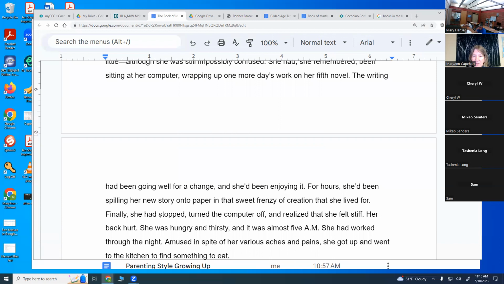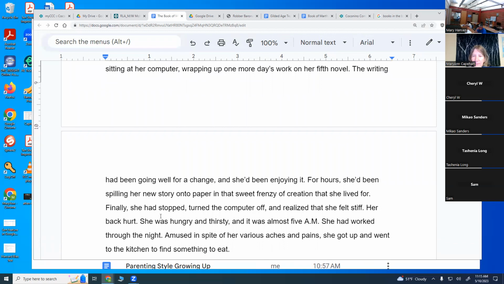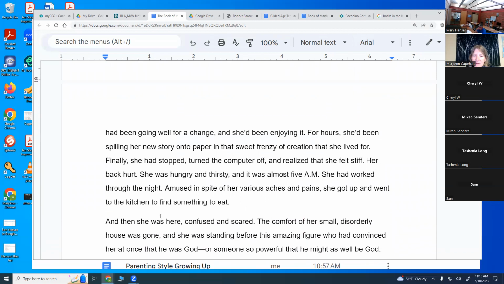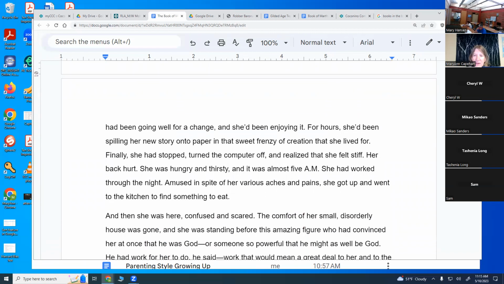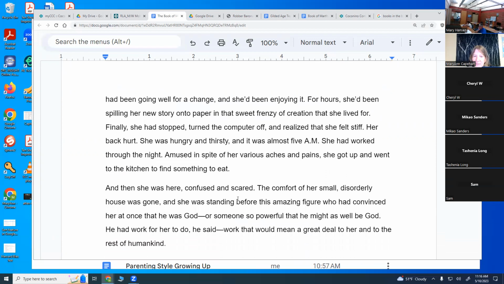Finally, she stopped, turned off the computer, and realized that she felt stiff. Her back hurt. She was hungry and thirsty. It was almost 5 a.m. She had worked through the night. Amused in spite of her various aches and pains, she got up and went to the kitchen to find something to eat.